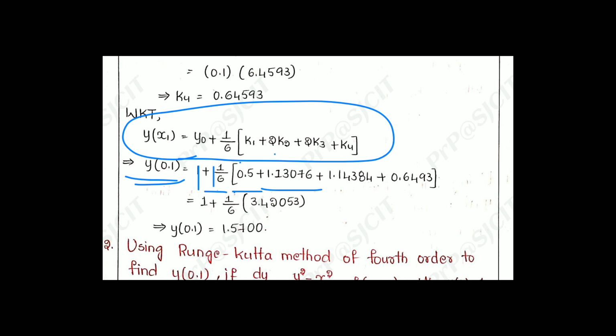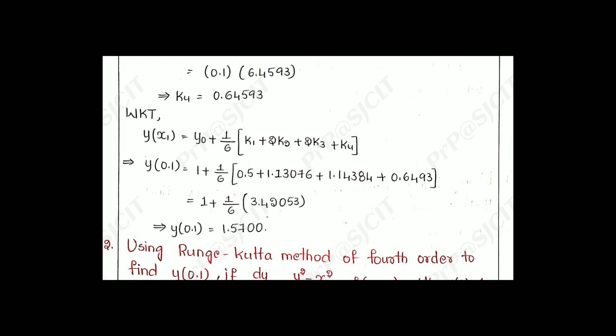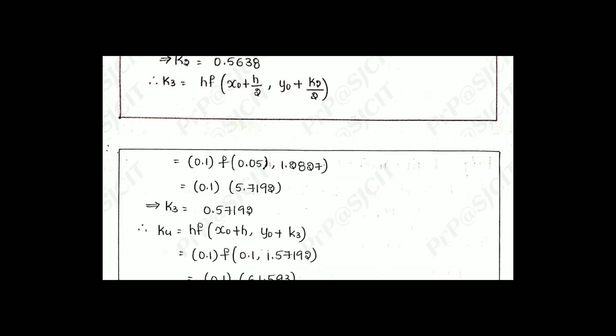Same, multiply with k3, then we get 1.14384. K4 value as it is. Add these values, then we get 3.42053, and substituting we get 1.5700. In this way we have to find the value.